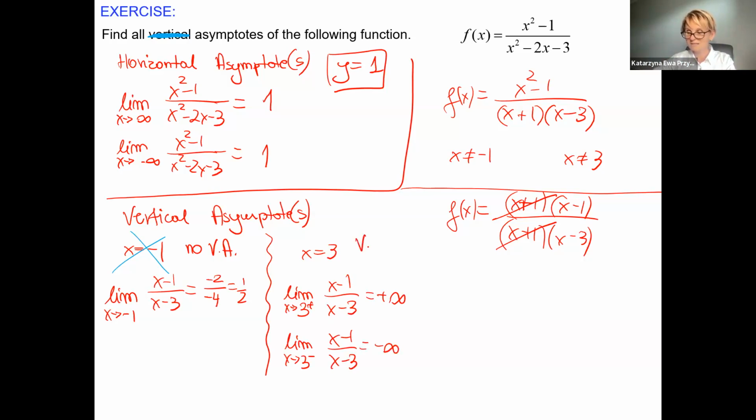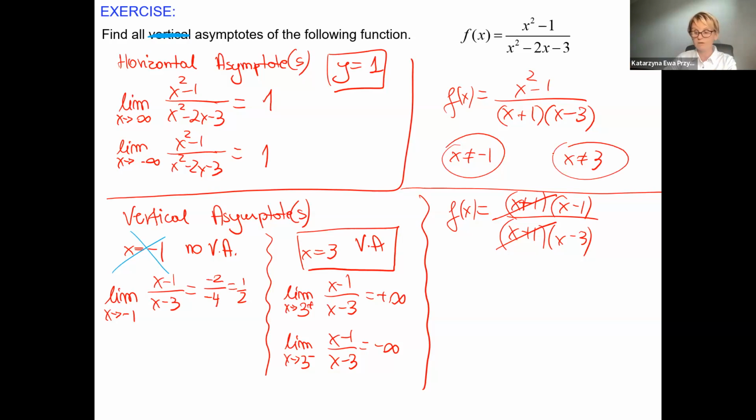That means, yes, this is a vertical asymptote. Okay, horizontal, vertical, make sure that we know, only this one. Do not circle the answer right away. Always check if you can simplify.